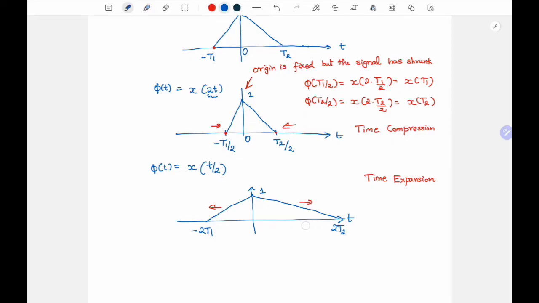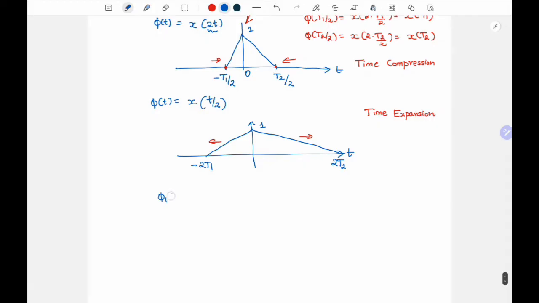So in general, if you want to define phi1 of t is equal to x of at, where a is greater than 0, then it is time compression, and the signal will shrink.